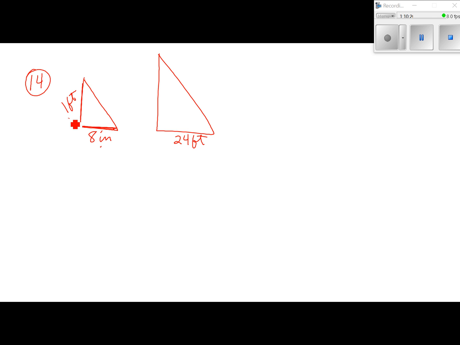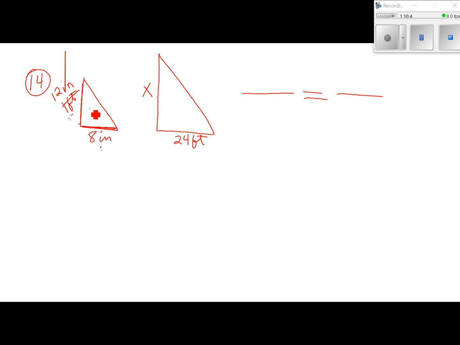Well, since we've got inches and feet over here, we have to have all the same units in each triangle, so probably what we want to do is change this 1 foot into 12 inches. So we're going to get rid of that, and then we're just going to set up our proportion using that. We're trying to find this, which is X, the height of the tree, and we're just going to match them up.